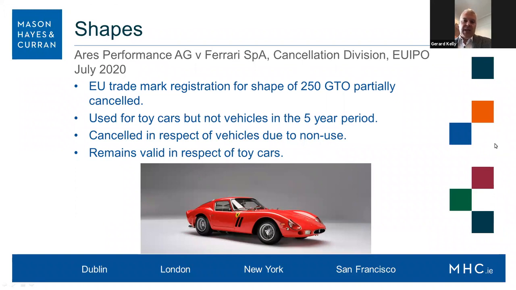And much later, obviously, Ferrari sought to protect the shape, as you see depicted there, as a trademark for both new cars and indeed toy cars. And it was held invalid because it wasn't being used within a 5-year period for new cars by Ferrari. Indeed, the last one was produced in 1964, as I understand it. So therefore, it was clearly going to get invalidated or revoked for non-use. For toy cars, it was being used and therefore could remain on the register.